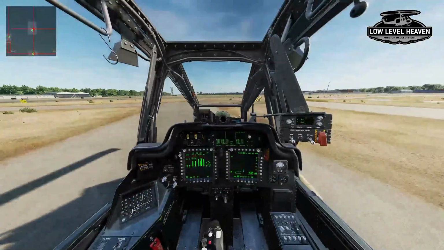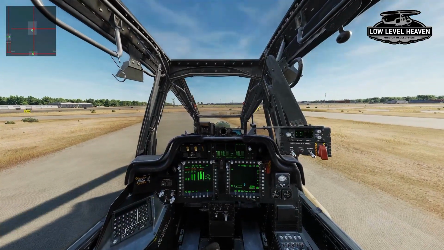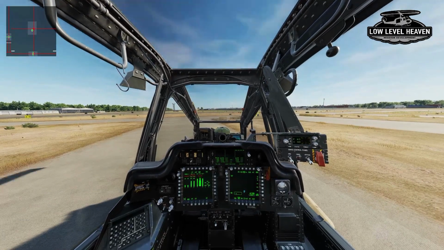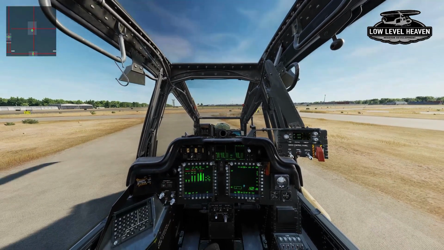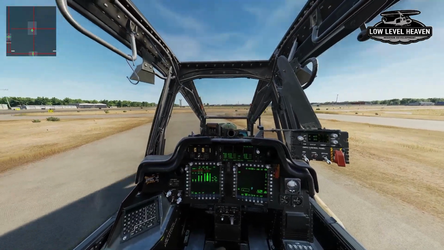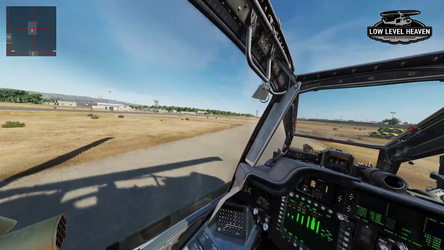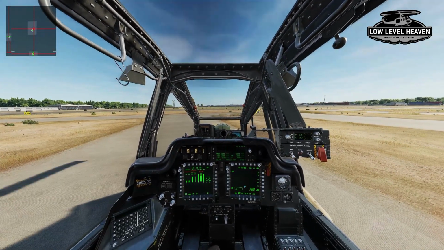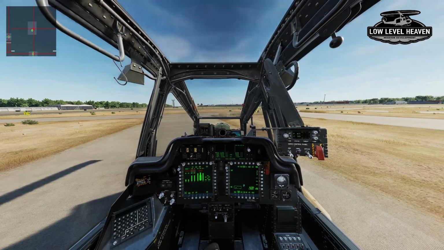The cyclic stick is mounted on the bottom here. It is always the same, and my body remembers the position after a couple of hours flying in the Apache. I do not have to look down for the center position. I do not need crosshairs in the controls indicator. That happens automatically after a couple of times.